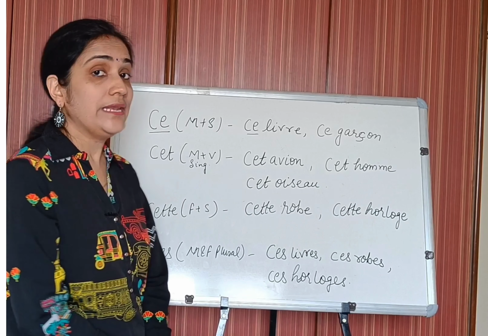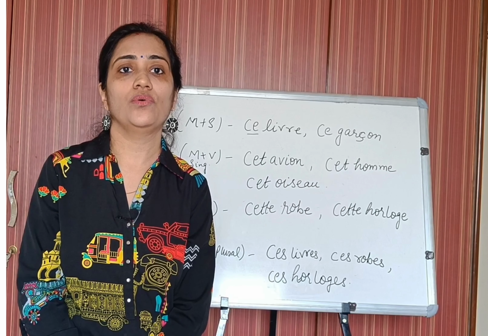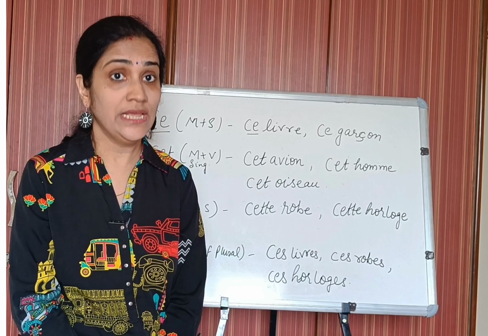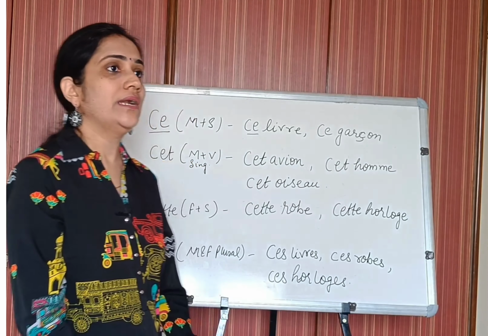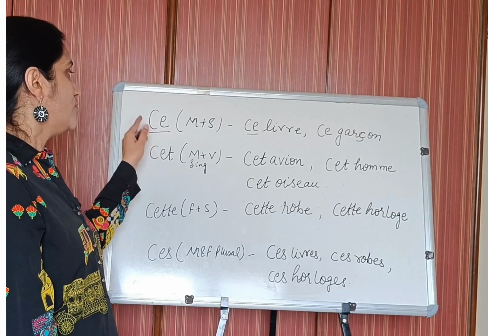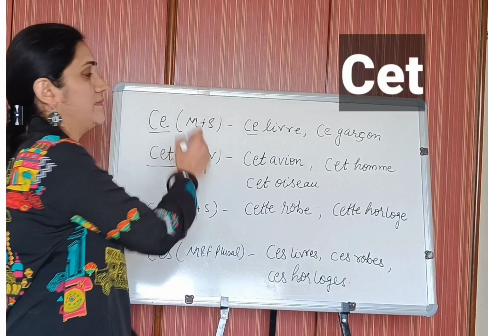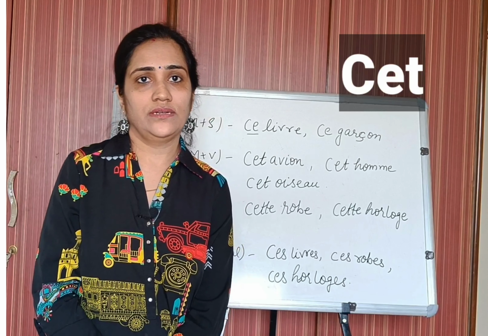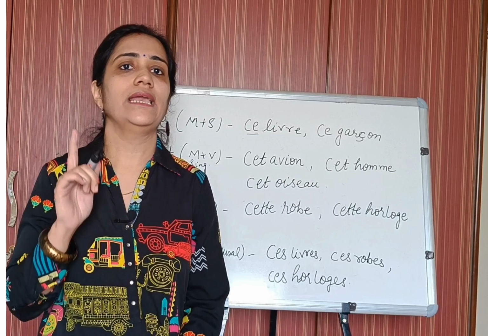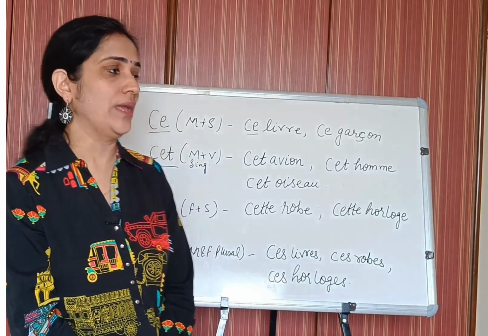Now if any masculine noun is beginning with a vowel A, E, I, O, U including the silent H, then you can't use ce, and instead of ce you have to use cet, C-E-T, cet. Cet is to be used with masculine gender nouns beginning with a vowel, including the silent H, H muet.